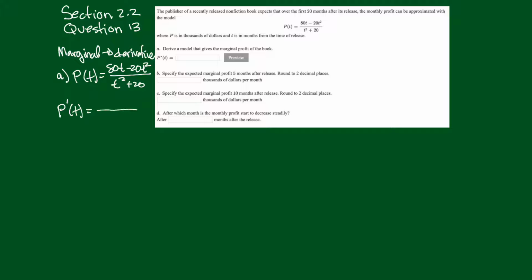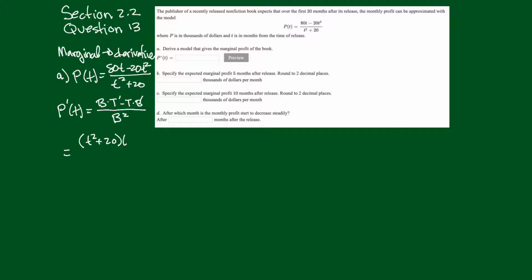The quotient rule goes like this. Here's how I remember it. It's the bottom times the derivative of the top minus the top times the derivative of the bottom, all over the bottom squared. So let's write this out here. We are going to get the bottom, quantity t squared plus 20, times the derivative of the top.